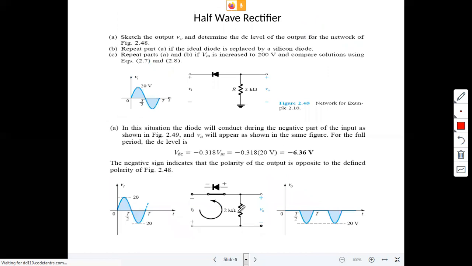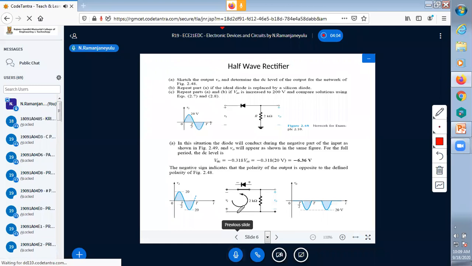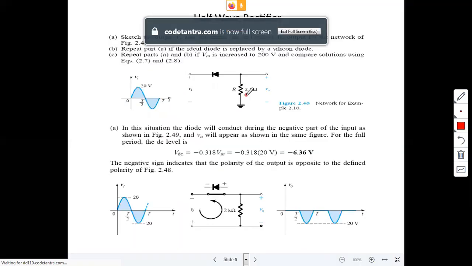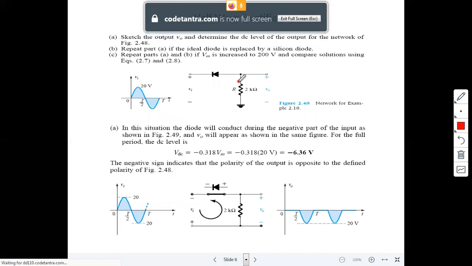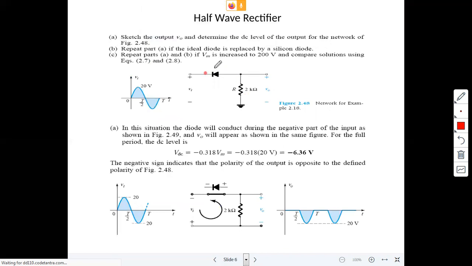Now here there is another circuit. The difference between the previous circuit and this circuit is the diode is reversed. Observe here the diode is reversed, right? Now this circuit is also a half-wave rectifier circuit, not always in the positive direction. This type of half-wave rectifier circuit allows only negative cycles.